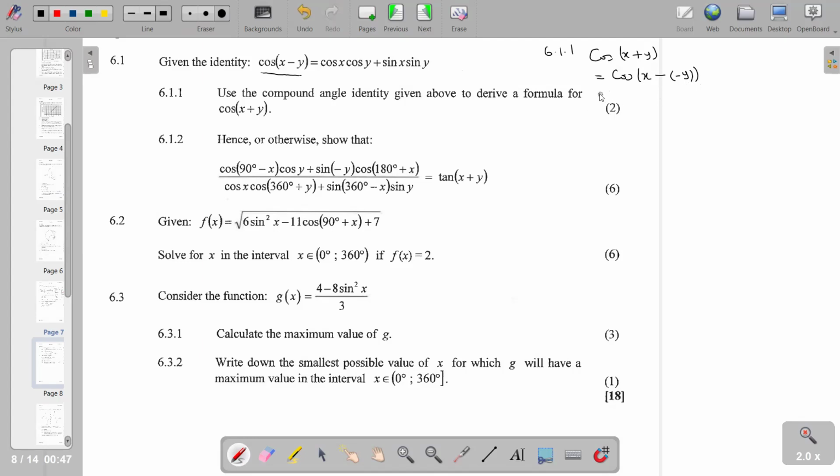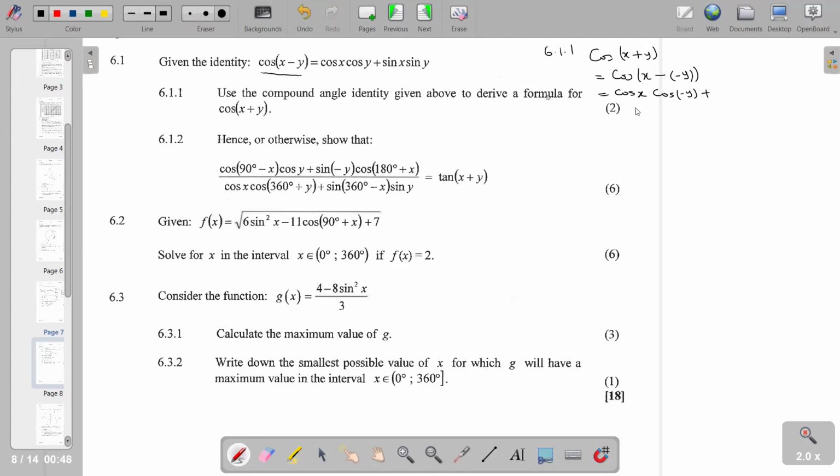Then we close the bracket, which is equal to, here we are told this identity, this one. So here it means we are going to have cos x. Here we say cos y, which was this angle, so we are going to say cos, here we are going to say minus y. Then we take the sign as it is here.